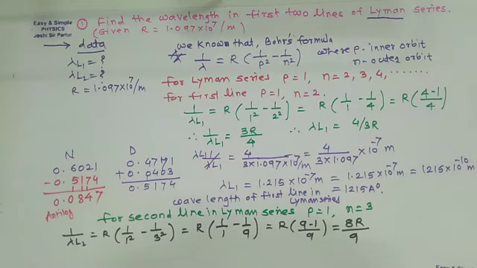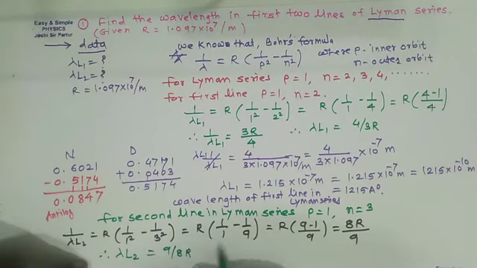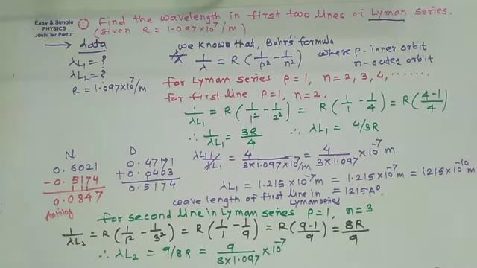If we take the reciprocal, lambda for the second line of the Lyman series will be 9 upon 8R, which is equal to 9 upon 8 multiplied by 1.097 multiplied by 10 raised to minus 7 directly in meter.